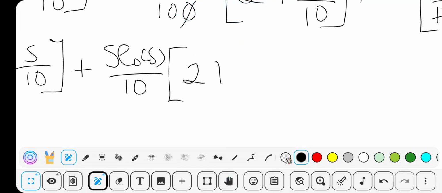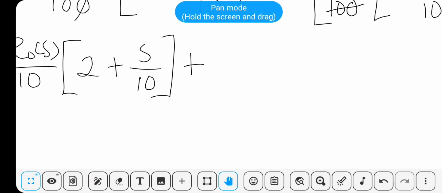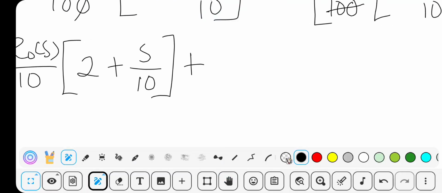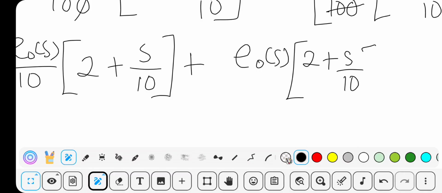This will be 2 plus S over 10 plus E naught of S 2 plus S over 10.